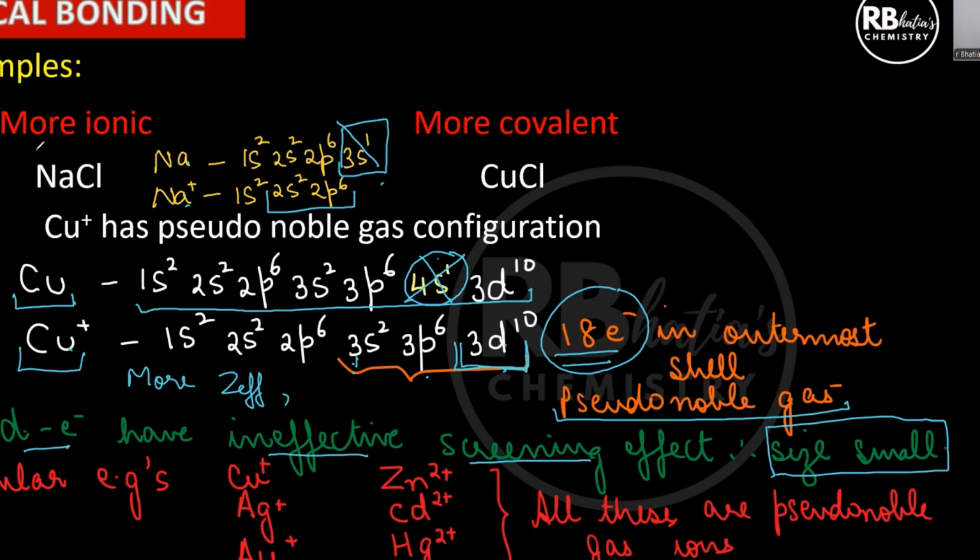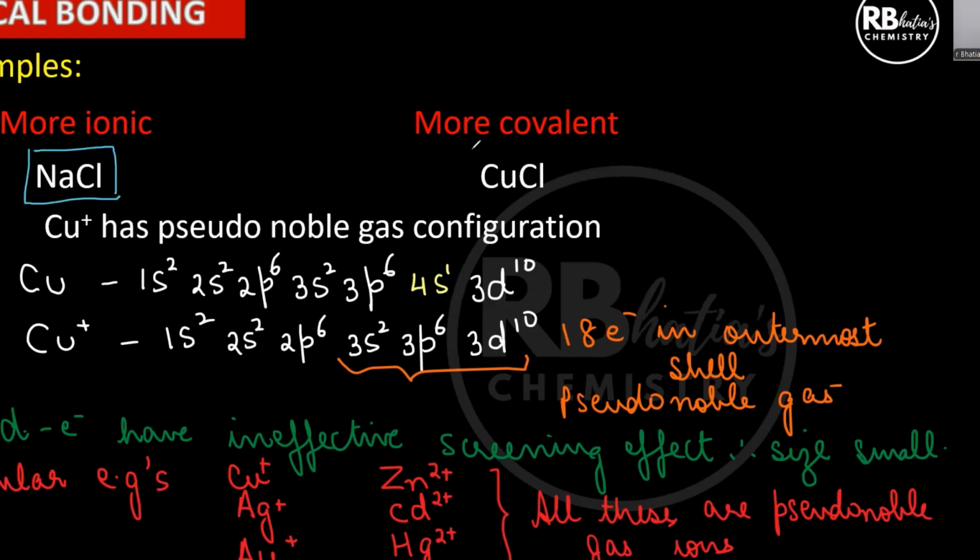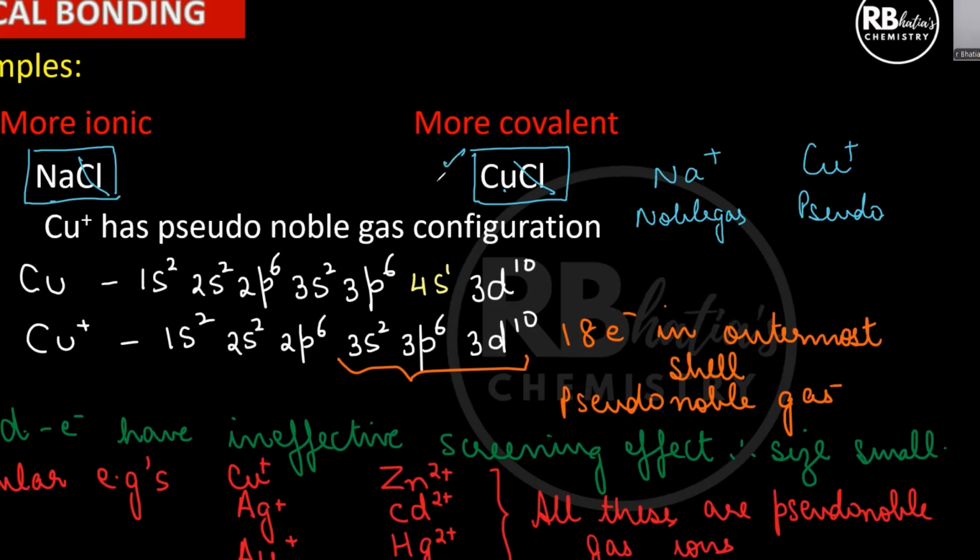So sodium chloride is ionic, copper chloride is more covalent, chloride being the common ion. We are comparing sodium ion and copper ion, where sodium ion has noble gas configuration and copper ion has pseudo noble gas configuration, hence copper chloride is going to be more covalent.